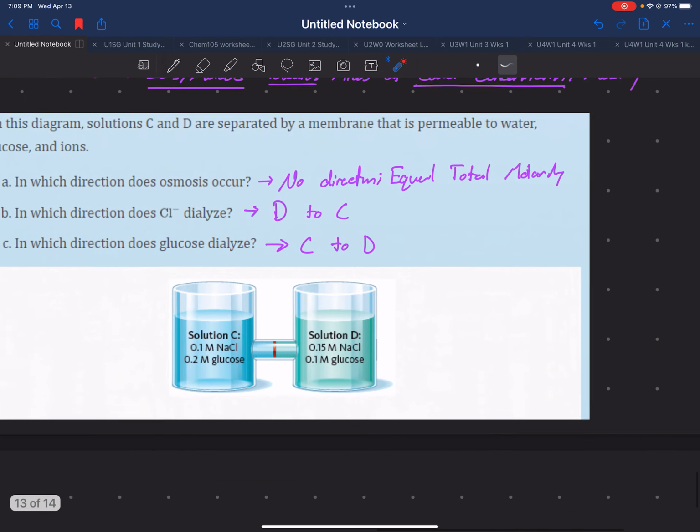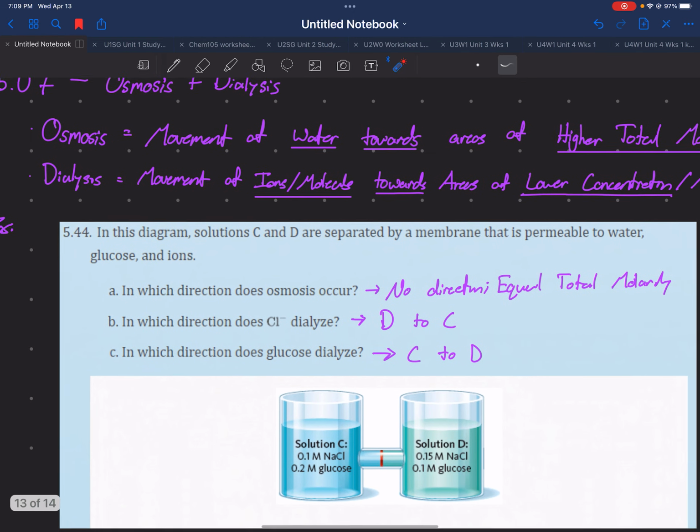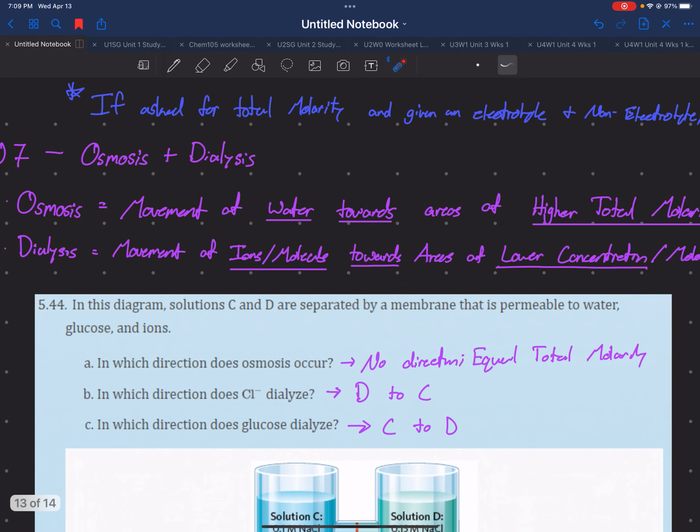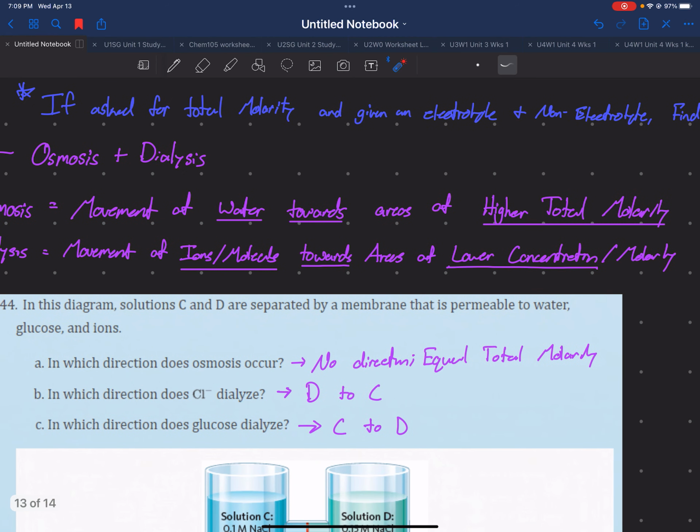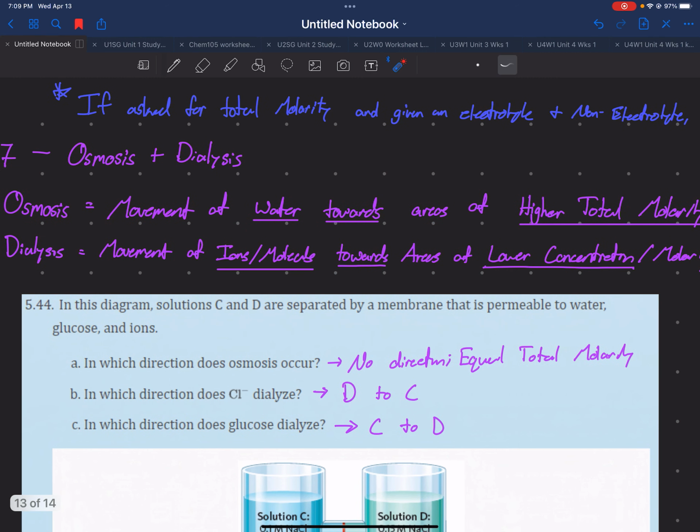Okay? So I'm not sure how you guys would like to remember that, personally. It's just that osmosis is water. And what does water do? It goes towards areas of higher total molarity.